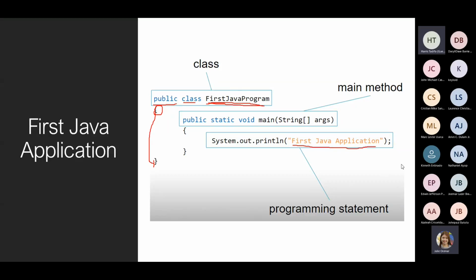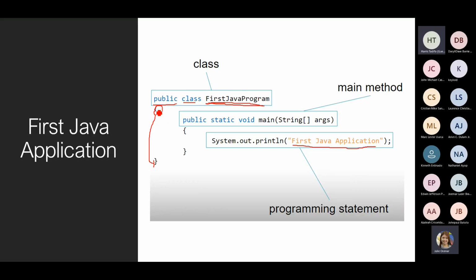Okay, so again, in the example program, first Java program is the name of the class. I mean, not name of the Java, name of the class or name of the program could be. So take note that it is a good practice to capitalize the first letter of each word in a class name. Para ma-differentiate natin if we are talking about a class name or a variable name.